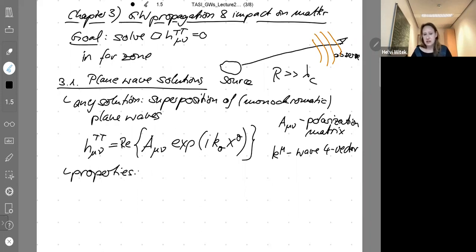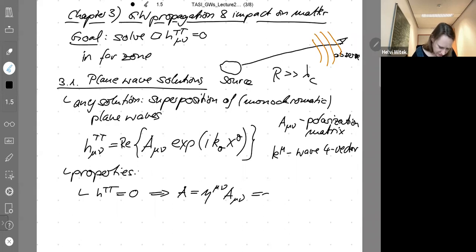First of all, because our metric perturbation in the transverse traceless gauge is traceless, our polarization matrix will also be traceless. Since h TT equals 0, the trace of the polarization matrix, eta mu nu A mu nu, equals 0.